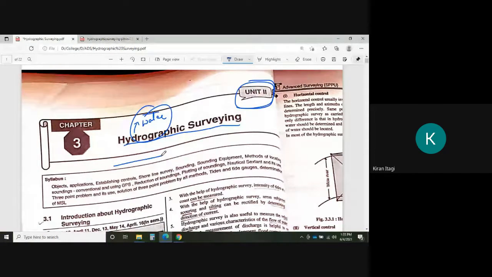For example, this is your water body. Here I want to make a lighthouse. Just take an example of a water structure, say a lighthouse. So this is my seashore, or bank.